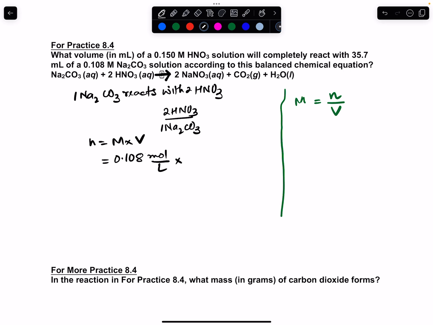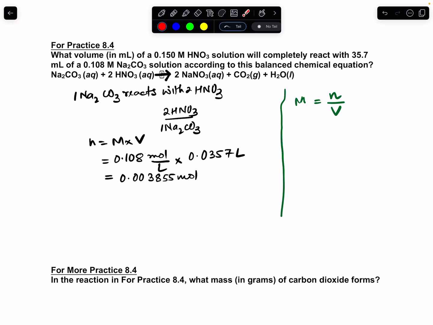And the volume is 35.7 ml, which we can change to liters, which would be 0.0357 liters. It's always important to change milliliters to liters when you're using this formula, simply because by the definition of the formula, volume is always in liters. Okay. All right, so if we simplify that, we get 0.00385 moles.